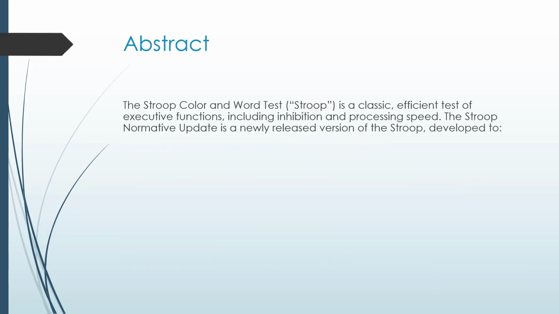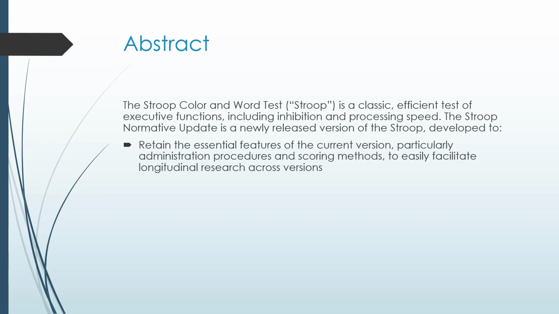As you may be aware, the Stroop is a classic efficient test of executive functions, particularly inhibition and processing speed. The new edition of the test was developed to, number one, retain the essential features of the current version, which will enable people to use it across versions if they're using it for longitudinal research.